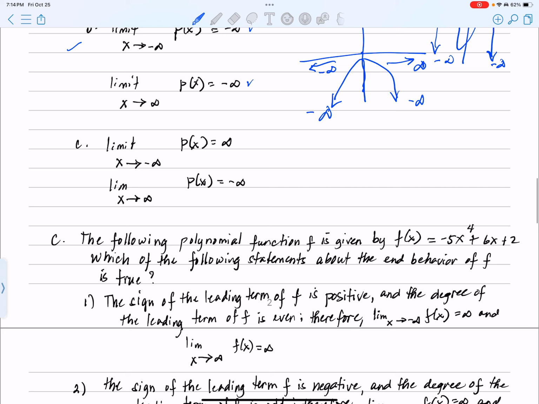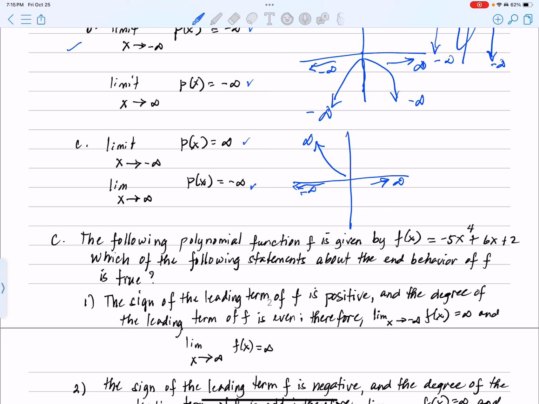The limit, okay, one positive and one negative. So if I look at the negative side and the positive side, as x approaches negative infinity, it's positive, on the left.